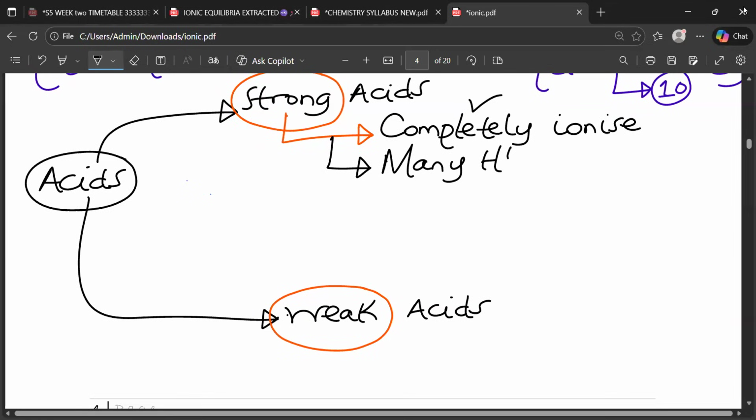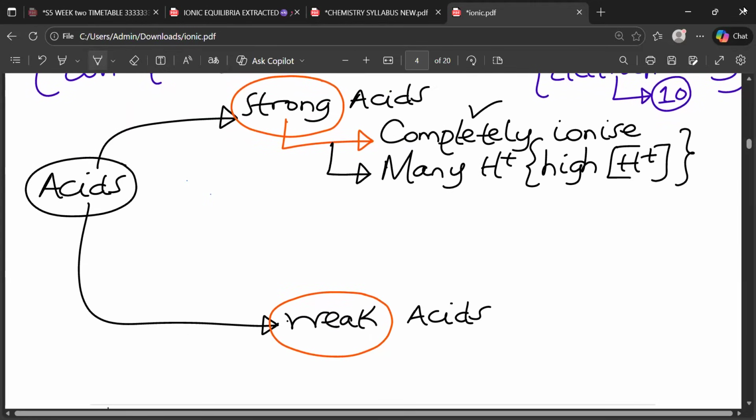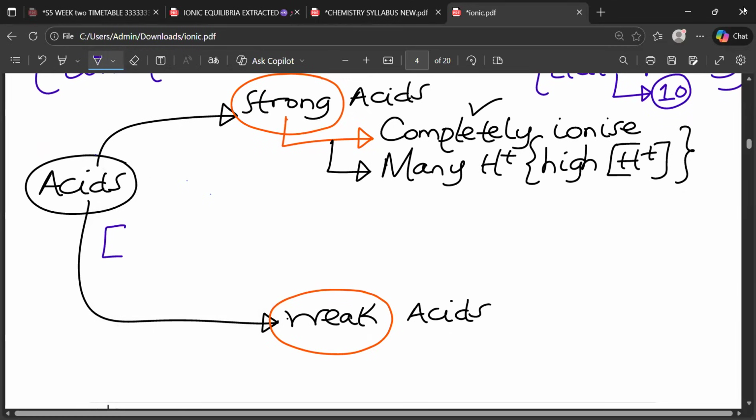If you don't want to use the words many hydrogen ions, and you want to look like the real A-level chemist, use a high concentration of hydrogen ions. I hope people are aware that square brackets mean concentration in chemistry. Are people aware that these ones mean concentration?